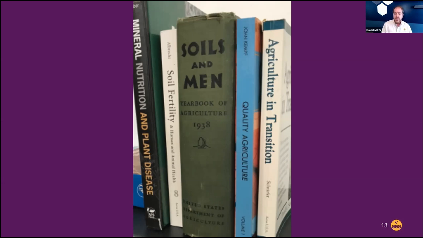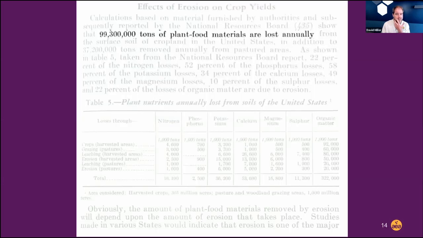But in 1938, and this is calculated, 99,300,000 tons of plant food materials are lost annually. Minerals, topsoil.